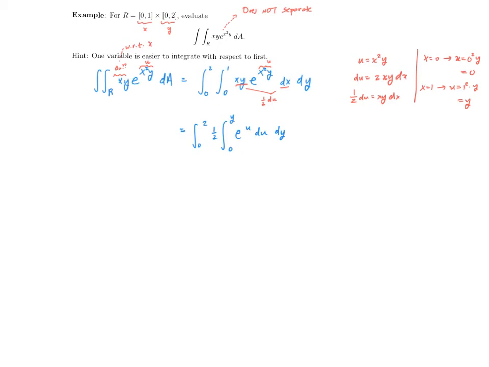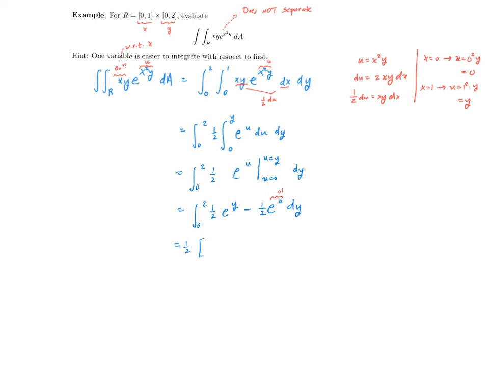And now we're in an ideal position to integrate. The stuff on the outside is going to remain there until we take care of the inside. The antiderivative of e to the u is e to the u, and we're evaluating from u equals 0 to u equals y. The fundamental theorem of calculus tells us to replace that u with a y, minus sign, replace it with a 0. E to the 0 is the number 1. And if we would like to, we can go ahead and pull that 1/2 out front.